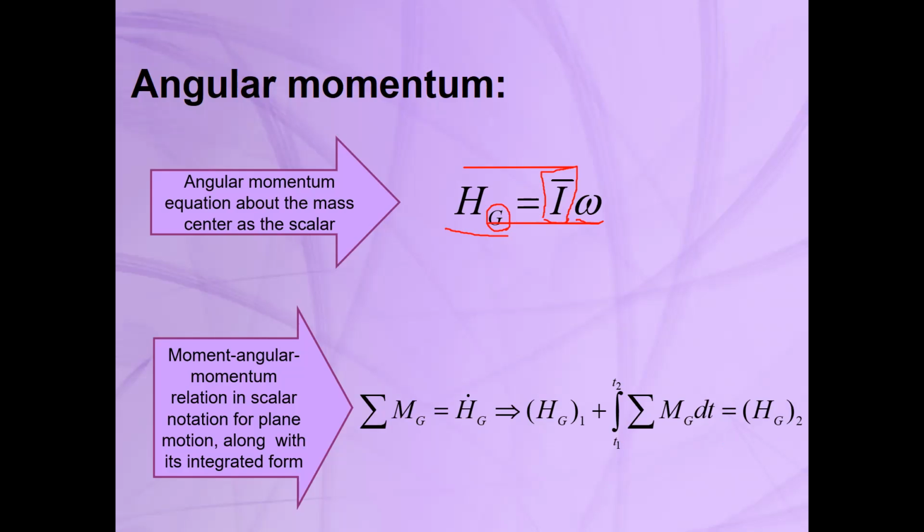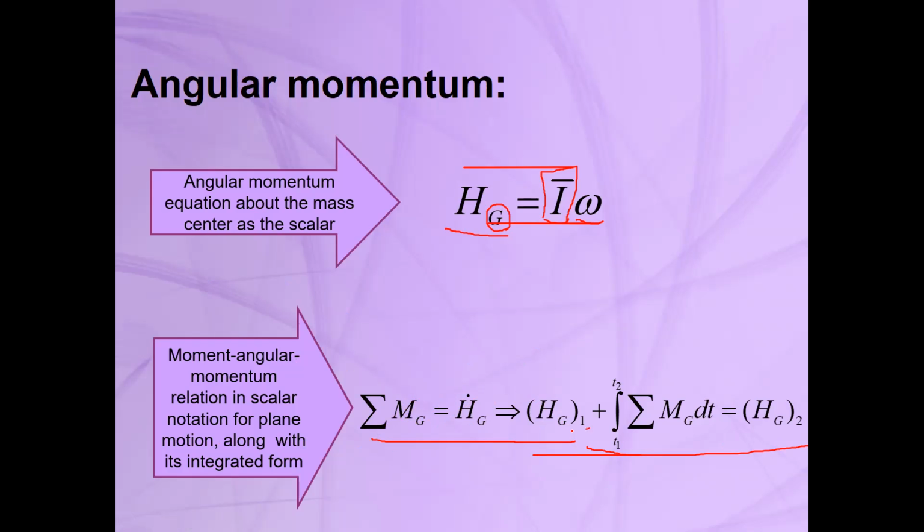This is the moment and angular momentum equation, and this is the integrated form. Again, similar to the linear momentum, we will have the same scenario. We have the summation of the moments about the mass center equal to the first derivative of angular momentum with respect to time about the mass center.